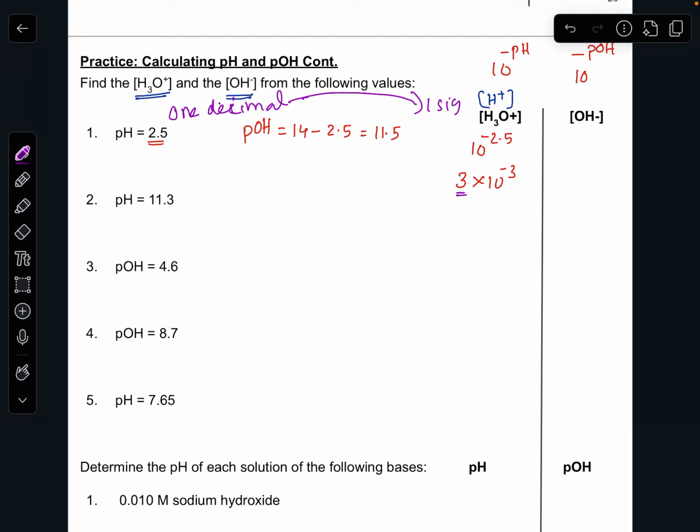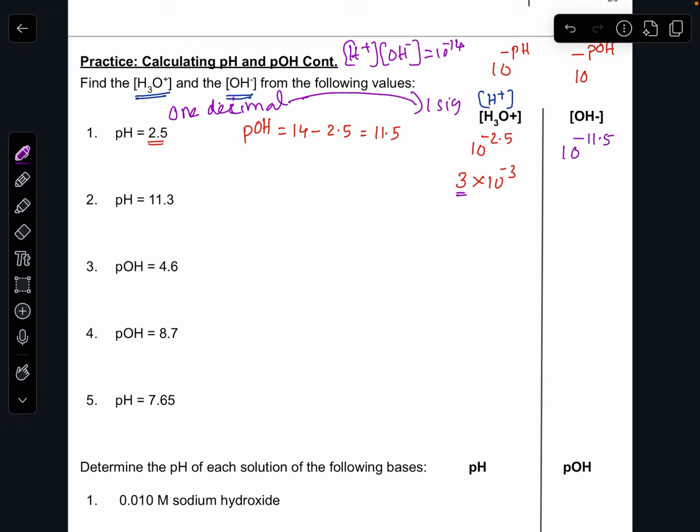You can do 10 to the power of negative 11.5 and find the value. Or you can also use this equation, H plus times OH minus is equal to 10 to the power of negative 14. I don't care which equation you are using. You have to get the correct answer. That is it. Okay, so it is negative 11.5.